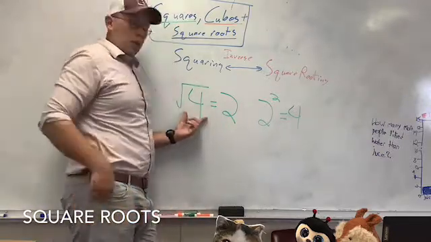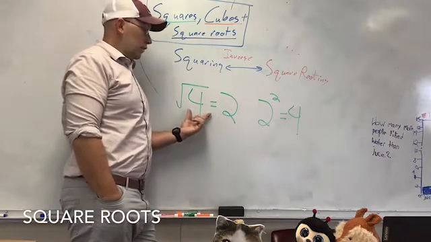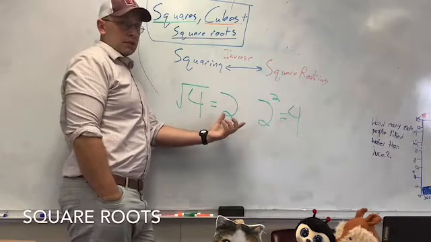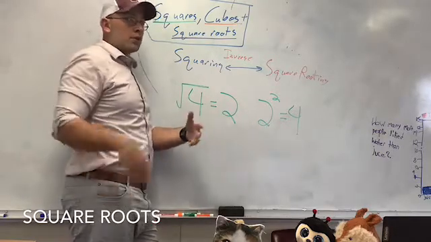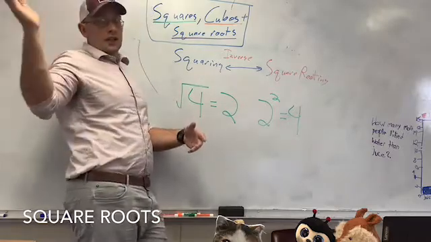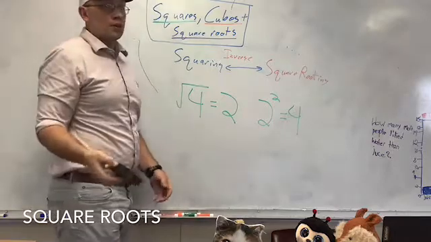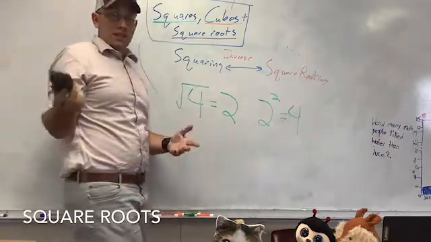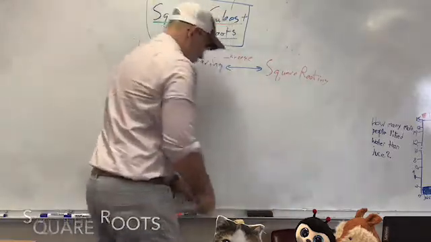This 4 is what is called a perfect square. When you square root 4, you get out a whole number with no decimal. So you'll get 0, 1, 2, 3, 4, 5, 6, 7, 8, 9 for all eternity, or infinity. Now, you should know perfect squares from about 1 to about 15. That's your ideal number, but they're called perfect squares.